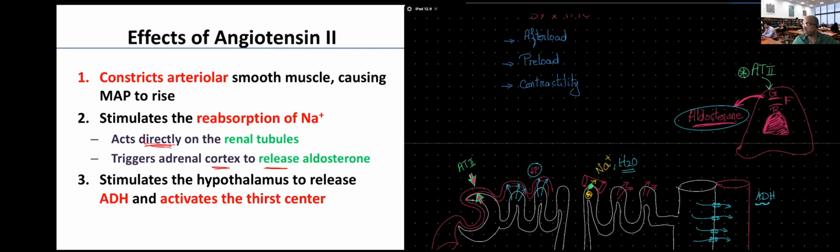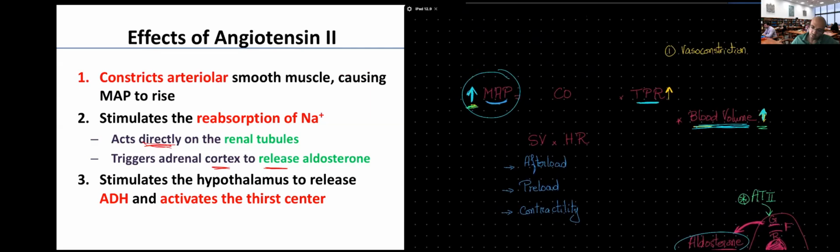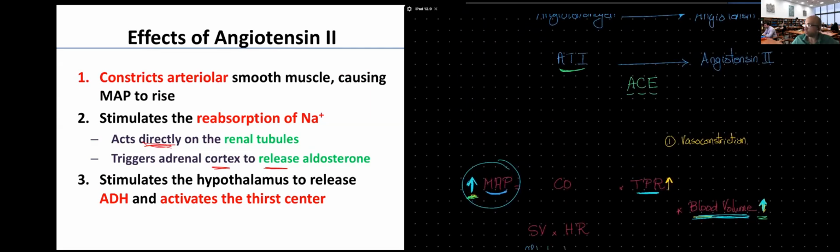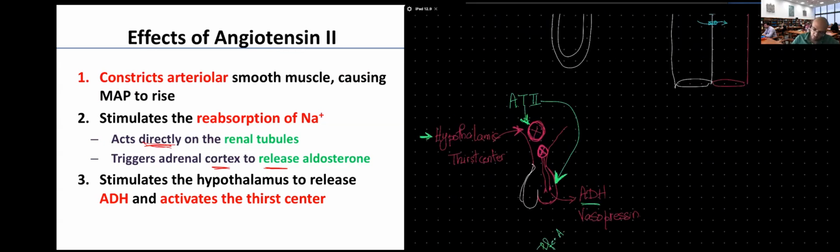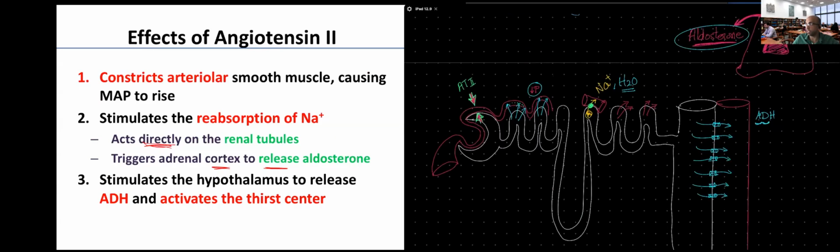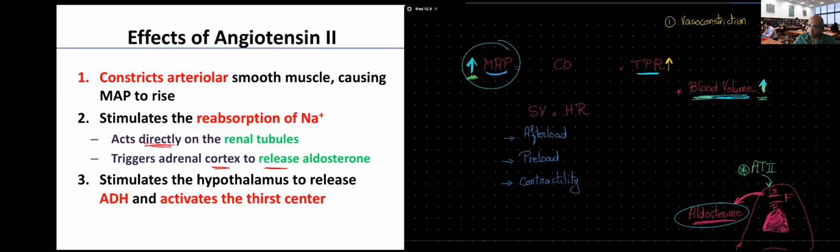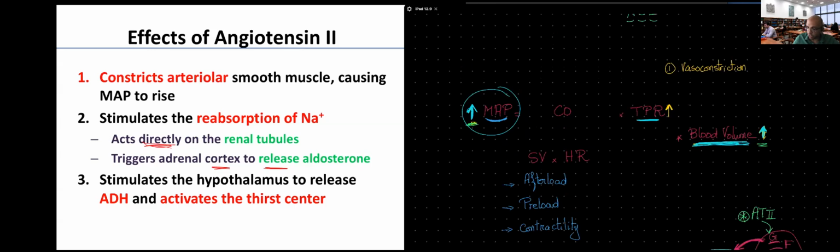Another mechanism of action of angiotensin II is to stimulate the hypothalamic thirst center, which will drive you to drink a beverage, increasing your blood volume and so pressure, and it stimulates the hypothalamus and posterior pituitary gland to release ADH, which is going to be responsible to retain water. And as I retain water, this will increase my blood volume and so my blood pressure.